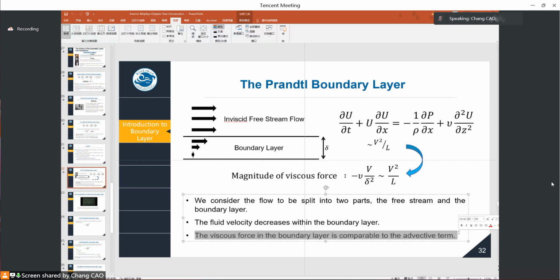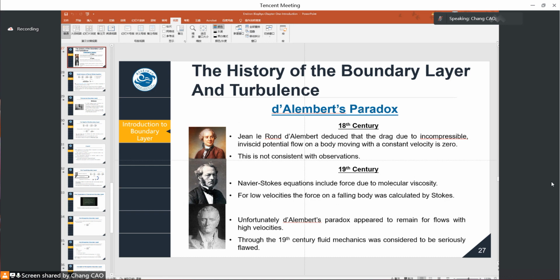According to this conclusion, people found that this has solved D'Alembert's paradox, because in D'Alembert's paradox, he thinks that the flow is inviscid. But in the 20th century, people found that in the boundary layer, the flow is viscous, not inviscid. So the paradox has been solved.